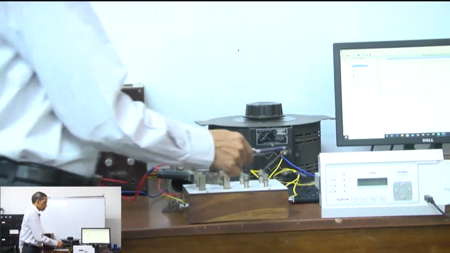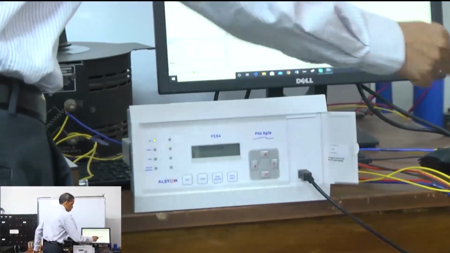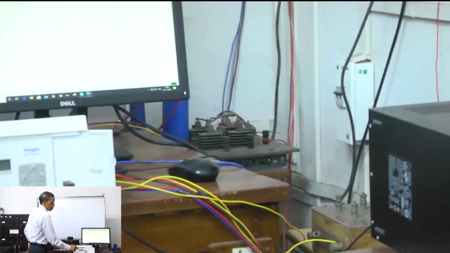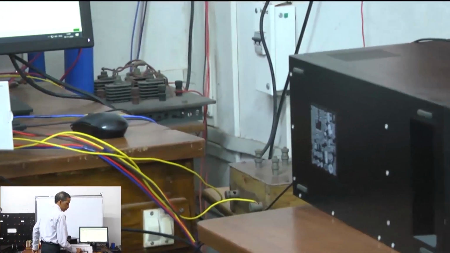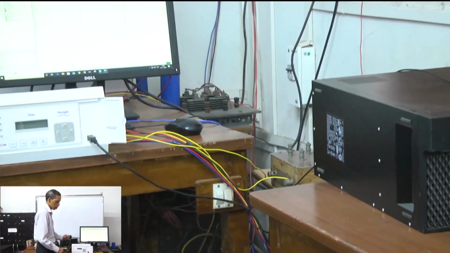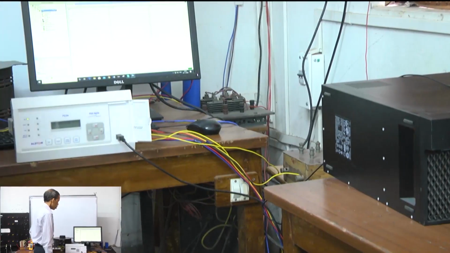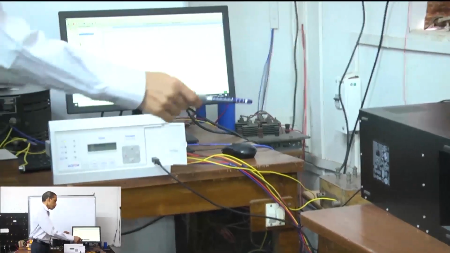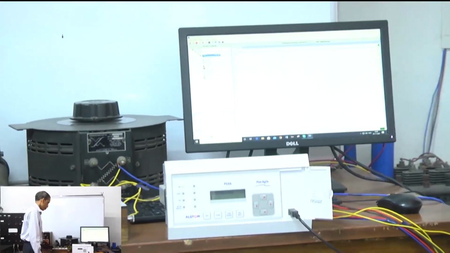In addition, this relay takes its operating voltage from a 110 volt supply from this side, and the relay is connected to the PC for different settings and for taking the observations recorded by the relay. So, this PC connects to the relay. With this PC and monitor arrangement, we can see the different observations.